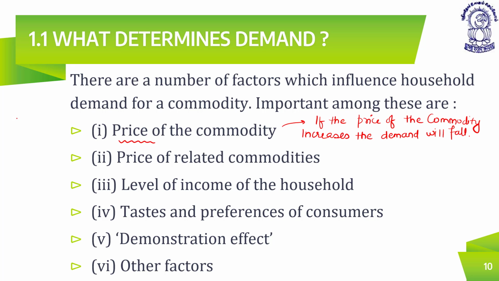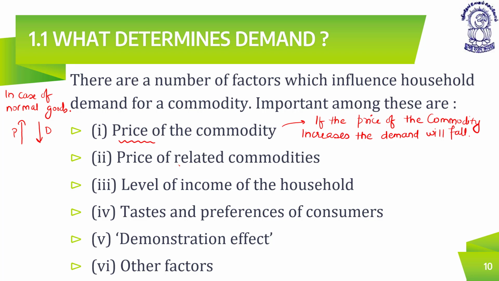In case of normal goods, what happens? There's an inverse relationship between the price and demand of any product in case of normal good. Normal goods in the sense, generally whatever goods we use in our daily life, it could be television, refrigerator, a computer, a laptop, etc. Price of the related commodities.